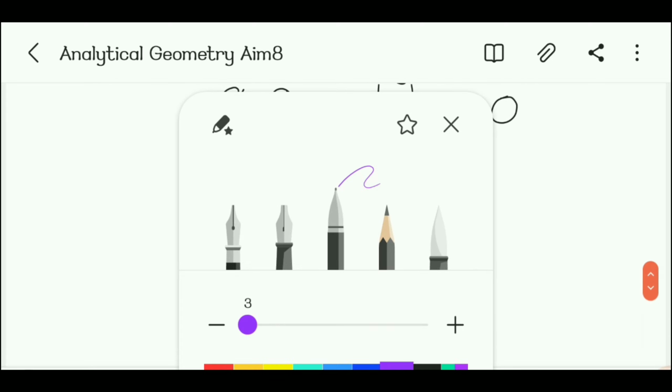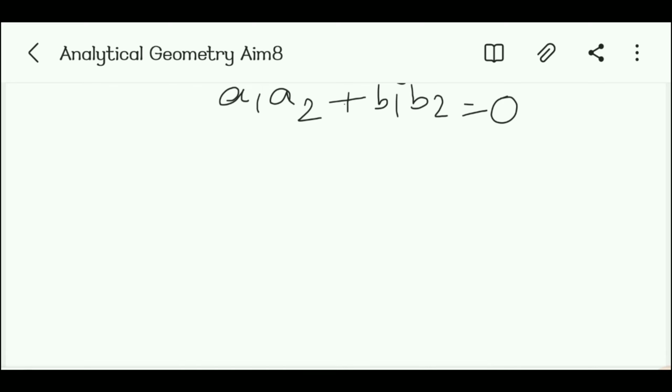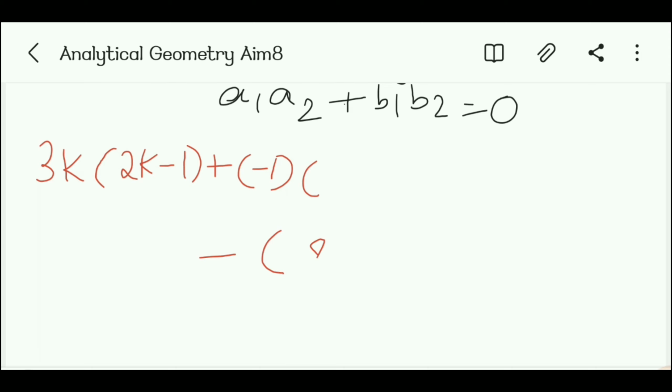Now substituting all the values in the required places. What is a1? Just now I told it is 3k. What is a2? 2k minus 1. Then plus b1 is minus 1 into b2, and b2 is actually minus of 8k minus 1.